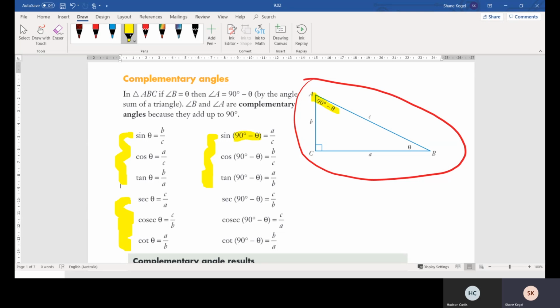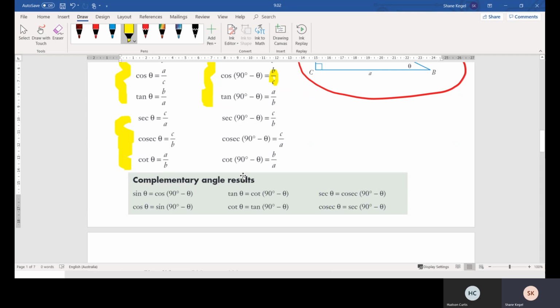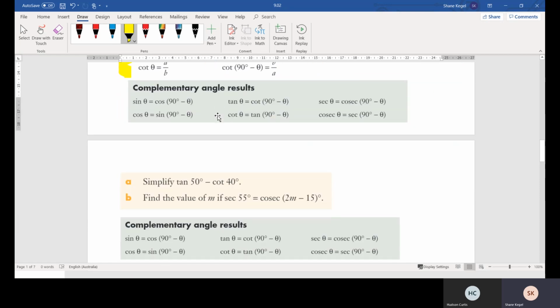So as you can see, sine equals B over C should be the same as cos B over C, etc. These ones aren't very important, but what's important is our complementary angle results, and we get those from our findings up the top here.